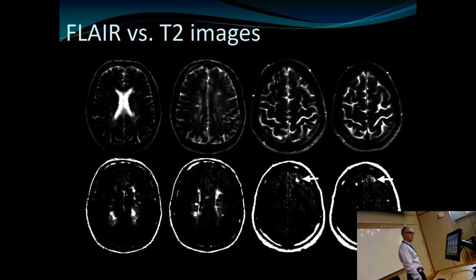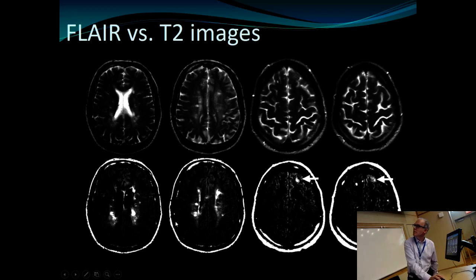Here's just to show you the difference between T2, which is on the top, and FLAIR, which is on the bottom. This doesn't show up that well. But the demyelinating lesions around the CSF on a T2, they just don't jump out at you quite as much, probably mainly because the CSF is bright here. But on a FLAIR image, just look how much more dramatic that is.